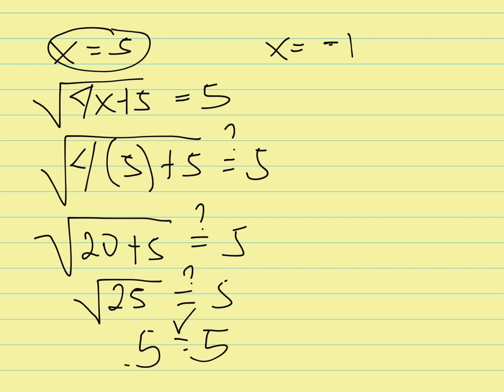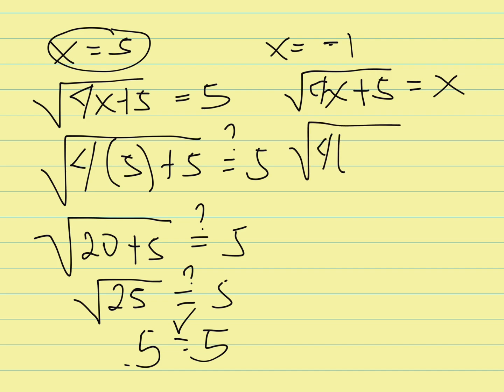How about this one? Okay, so the square root of 4x plus 5 equals x. So let's say our x is negative 1. So the square root of 4 times negative 1 plus 5 equals negative 1.